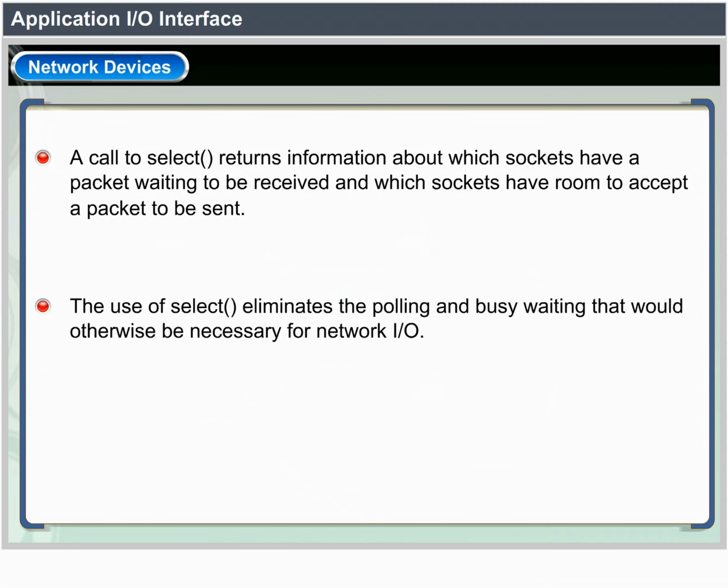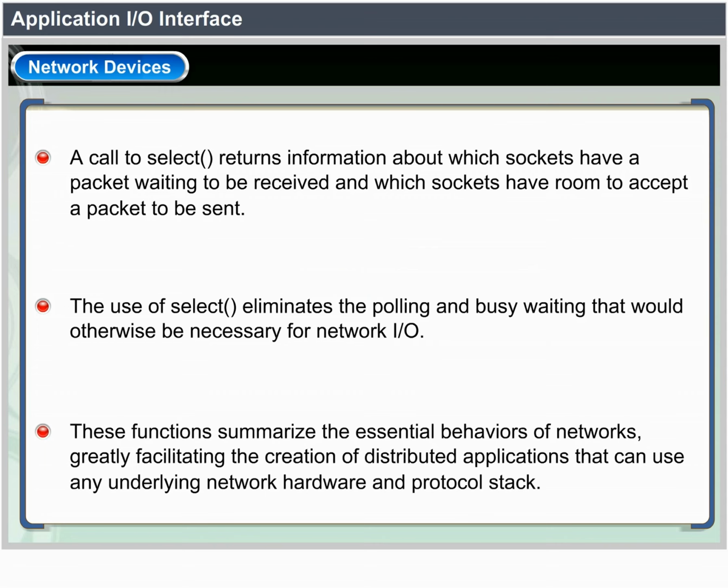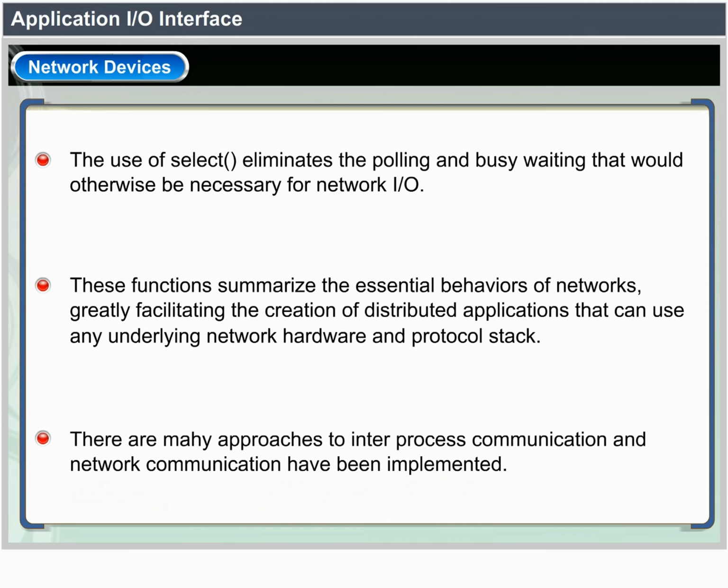The use of select function eliminates the polling and busy waiting that would otherwise be necessary for network input-output. These functions encapsulate the essential behaviors of networks, greatly facilitating the creation of distributed applications that can use any underlying network hardware and protocol stack. Many other approaches to inter-process communication and network communication have been implemented.